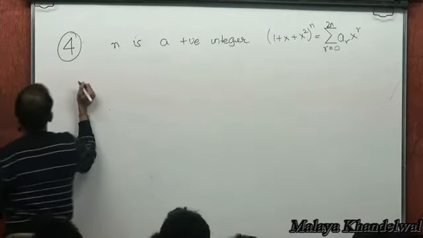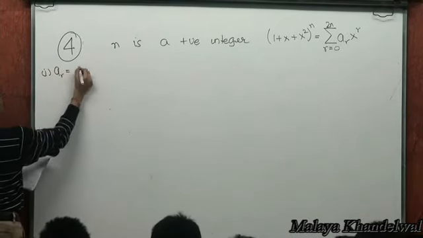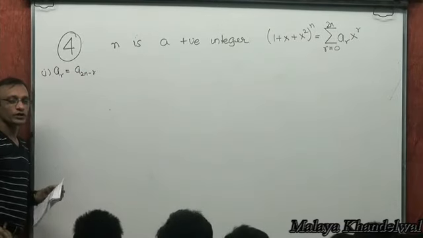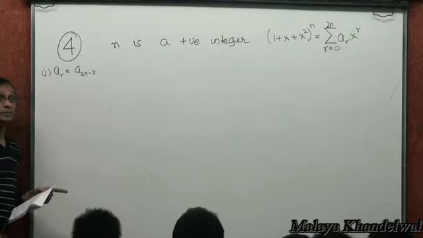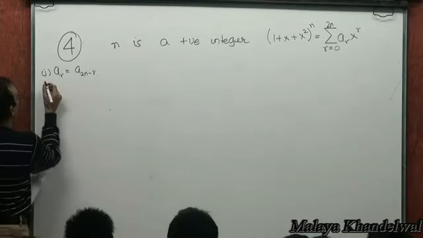Now we have the following propositions to take care of. One, a_r is the same as a_{2n minus r}. That's the first thing. If you recall, I had established this in my basic class on binomial, replacing x by 1 by x and equating coefficients, but I'll redo that if you want.